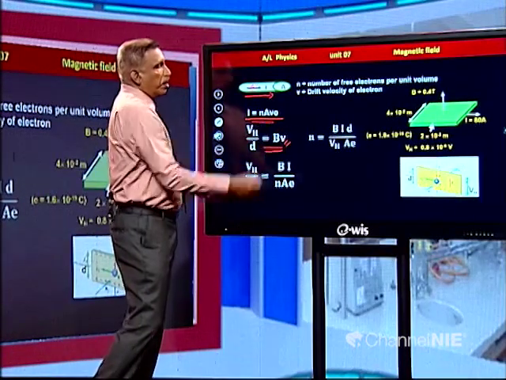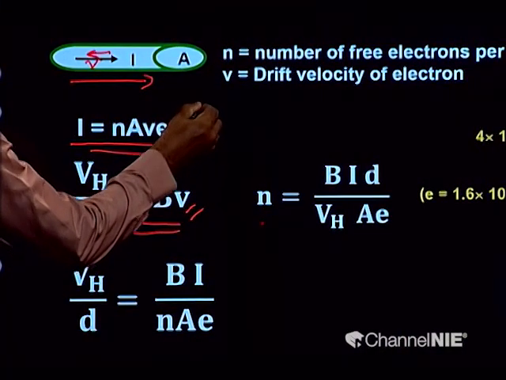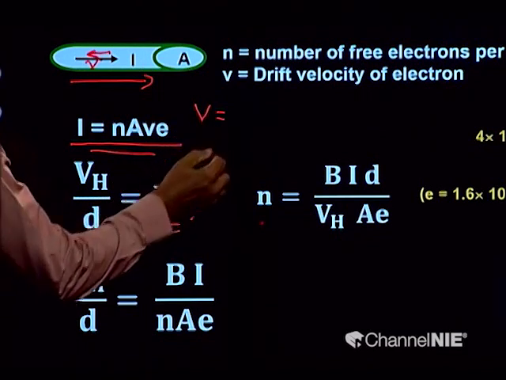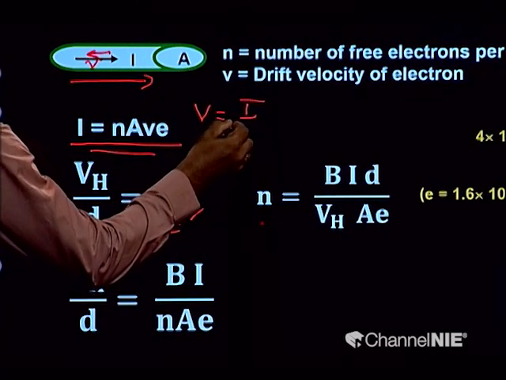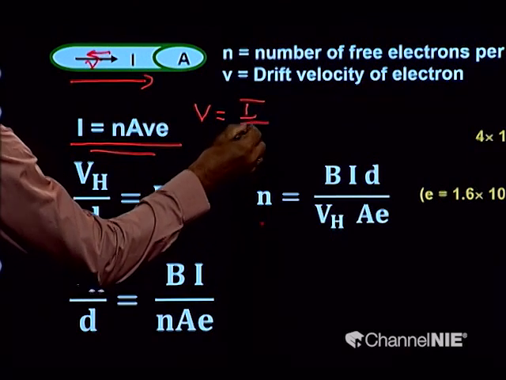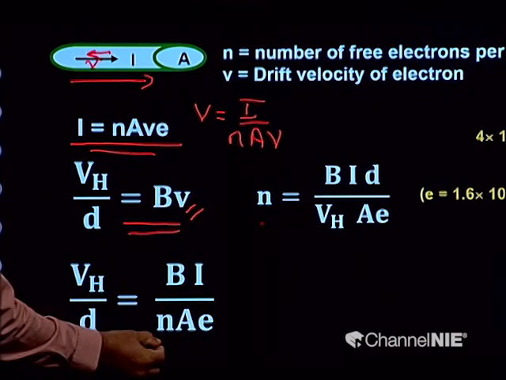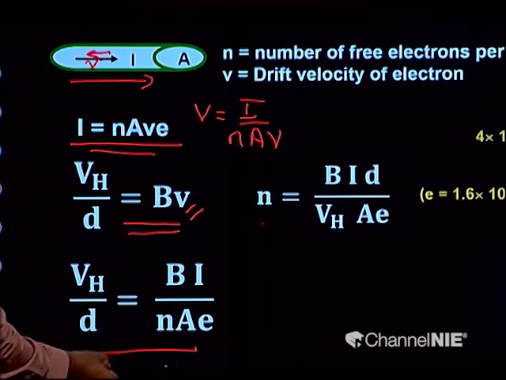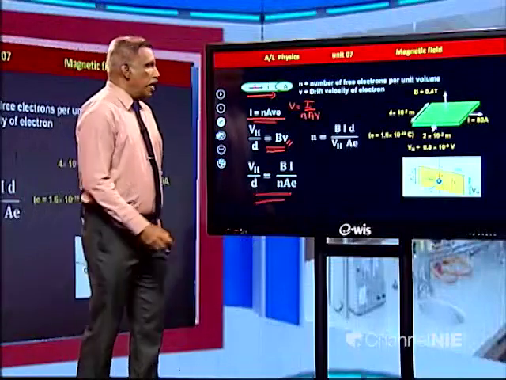So, substitute this V, where V is equal to I over NAe. Substituting here, you get the equation VH over D is equal to BI over NAe.